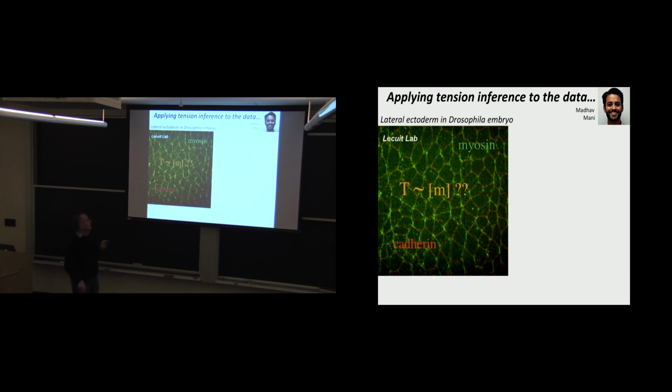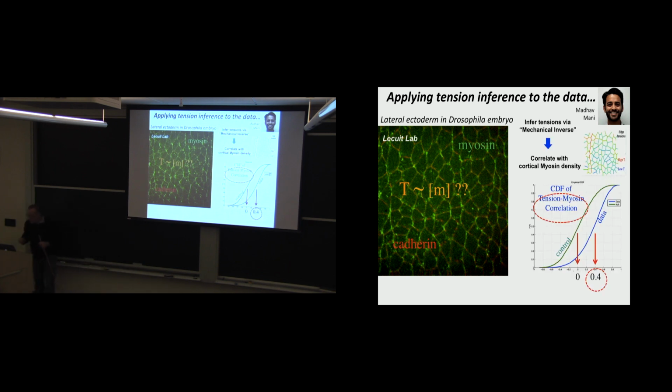So why is this good for us? Okay, so Manav can look at this snapshot, segment the image, and run this mechanical inverse problem, and then paint tensions on different edges. So that's the prediction.